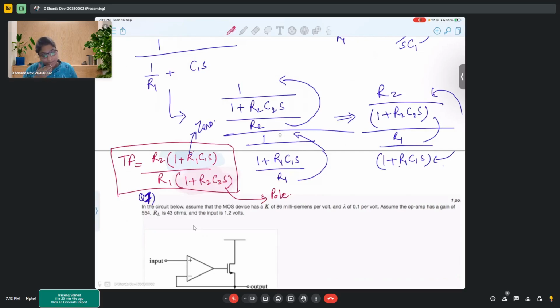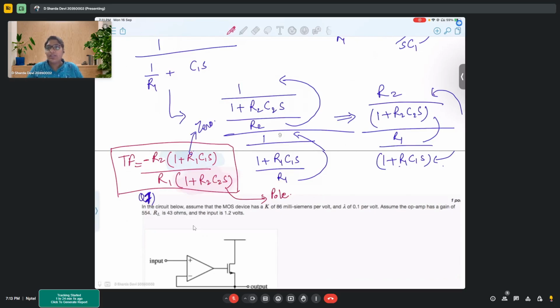Yes. So pole essentially reduces the gain and zero increases the gain. Pole reduces the gain, zero increases the gain. How? I'm just asking, in the transfer function, when we plot the Bode plot.